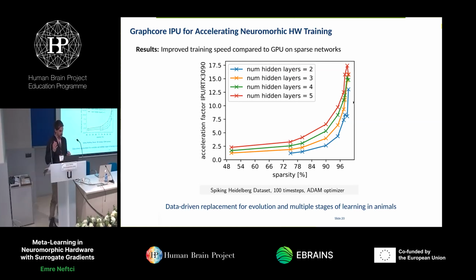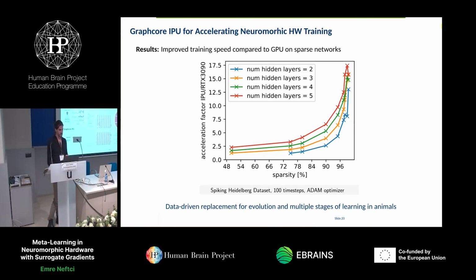And so we have a platform that can do 10 times faster training compared to GPUs. This is all training, by the way. So it's a very appealing approach. It might also be interesting for large-scale simulations of spiking neurons. They're also cheaper than the HPC GPUs that you get from NVIDIA.